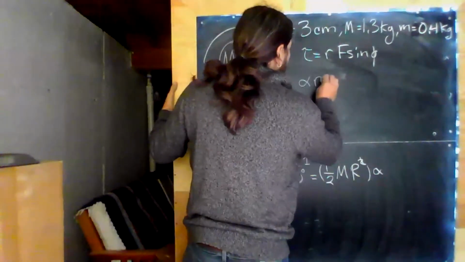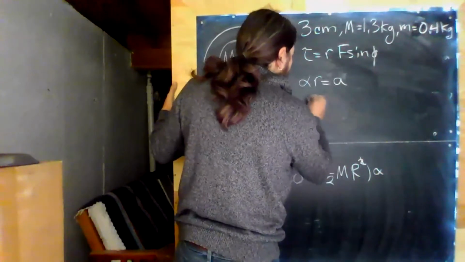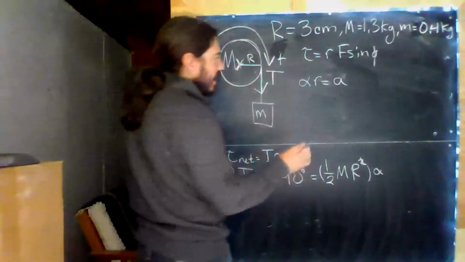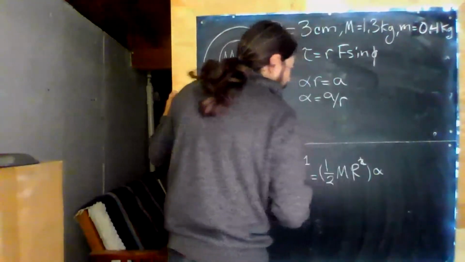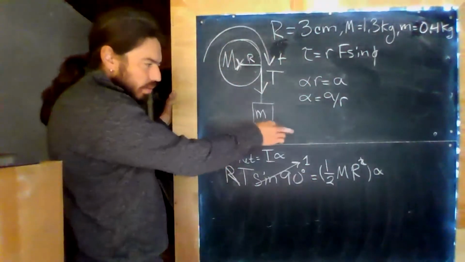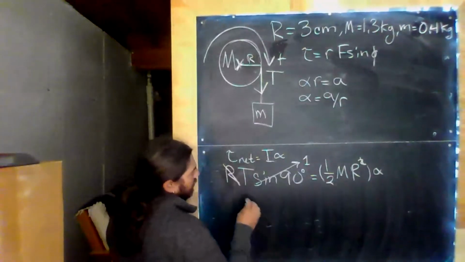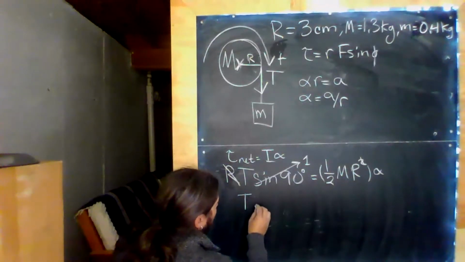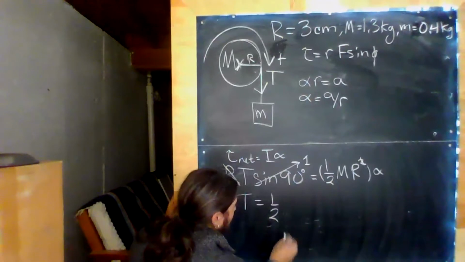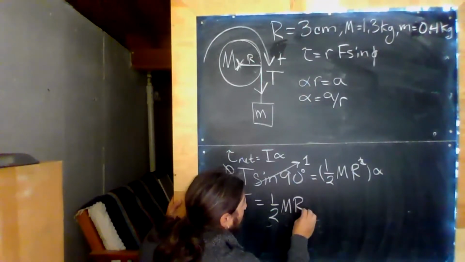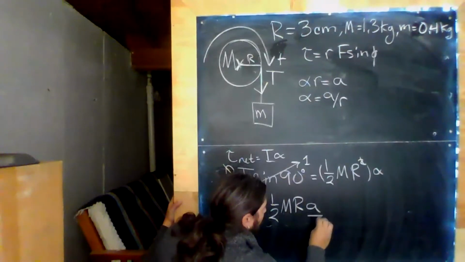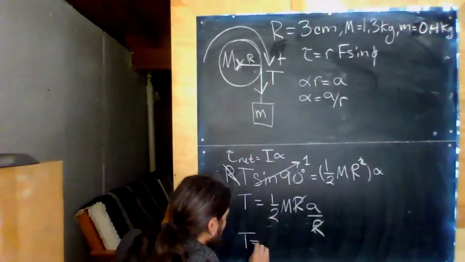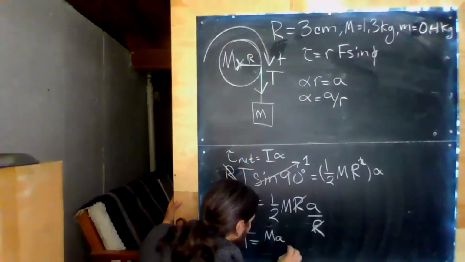Remember that alpha times R equals a, which means that alpha equals a over R. So if alpha equals a over R, we can plug that in over here, and we end up with T equals 1/2 mR times a over R. Notice my other R cancels, and I end up with T equals m a over 2.